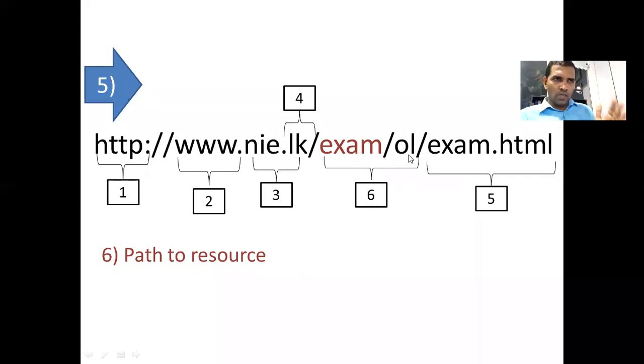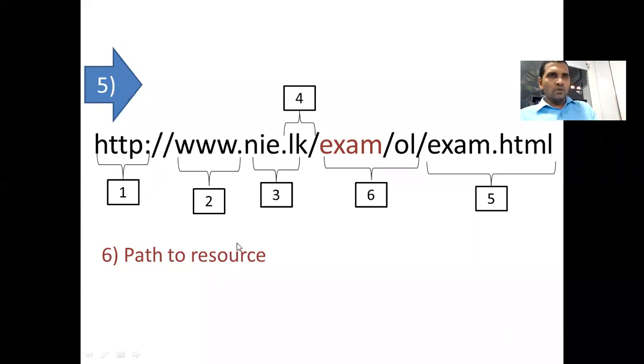Even OL is a folder because OL is the one which has exam.html. Where is that folder OL? That is in the exam folder. So both of them are folders, or in other words, that is a path which leads to the resource. I hope everyone knows how to identify the path.